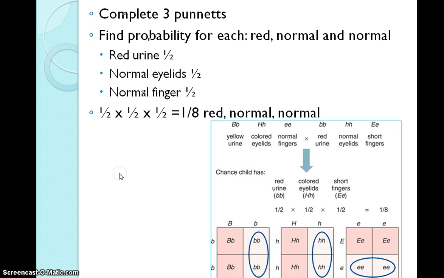Again, we now multiply those together, 1/2 times 1/2 times 1/2. So the probability of having a child that has red urine, normal eyelids, and normal fingers would be 1/8. So using the product rule, we are able to determine the probability of having a child with all 3 traits. Again, this will work for 2 traits or 3 or more.